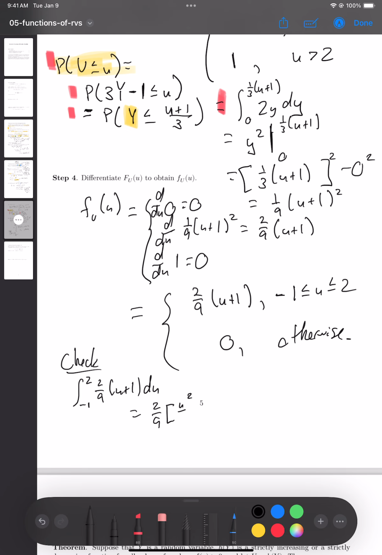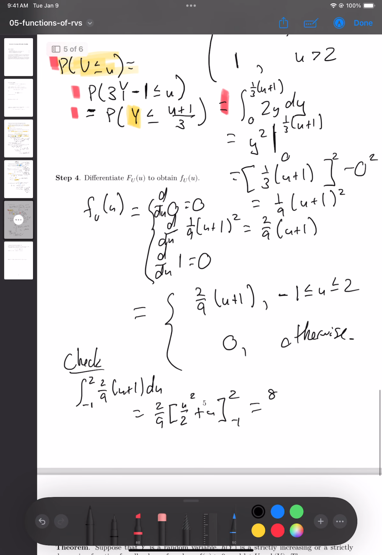This is more on the border of what I would want to do by hand, but I don't want to hop over to ChatGPT. So that's 8/9 minus 2/9 minus a half. Cancel. 8/9 plus 1/9 is 9/9, which is 1. So, it doesn't say for sure that we've done it right, but at least we ended up with a proper probability density function.